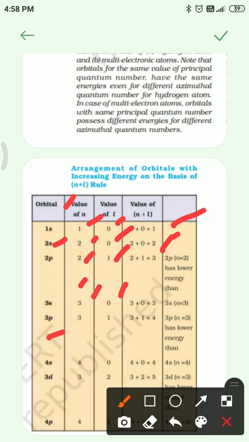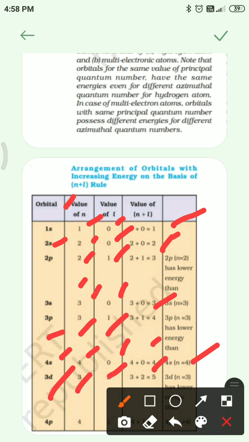In 3p, the value of n is 3 and the value of l is 1, so n plus l is equal to 4. Here 3p has lower energy than 4s, because 4s has n equal to 4 and l equal to 0, so n plus l is also 4. In the same way, for the 3d orbital, n is 3 and l is 2, so n plus l becomes 5.